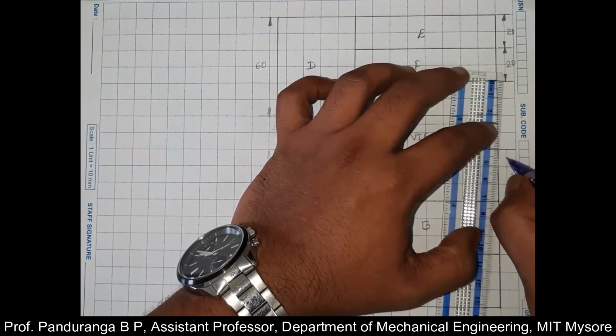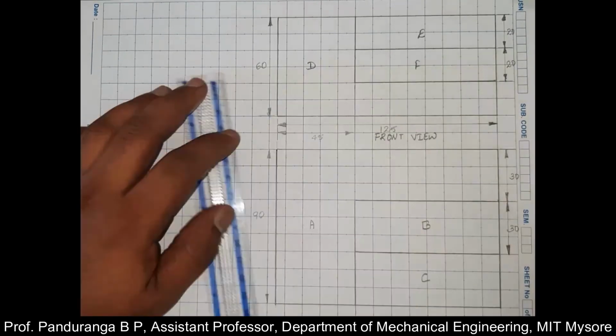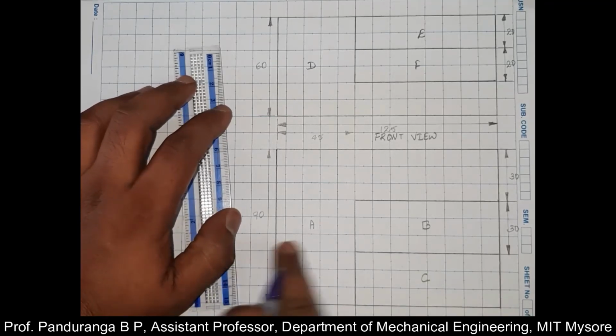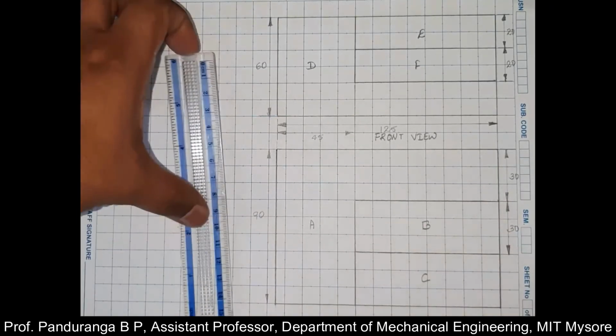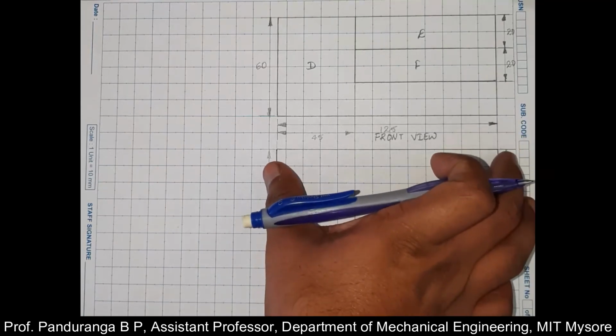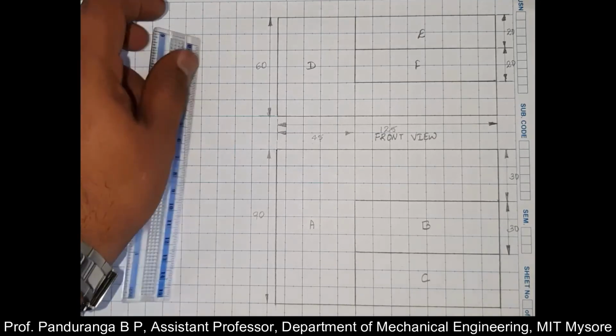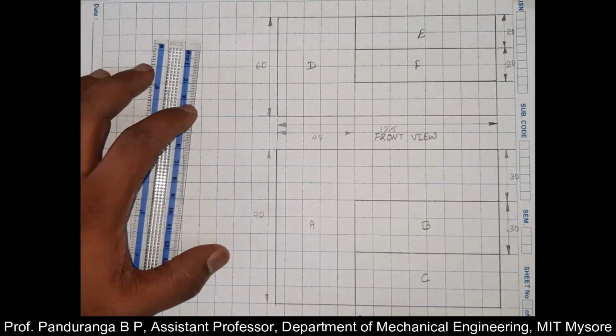This is also 30. And this will also be 30, but since we know that the total height is 90 and these two are 30, 30, we don't have to show that. And this width, the length, is shown in the front view itself, so we don't have to show it again. So this is our top view.